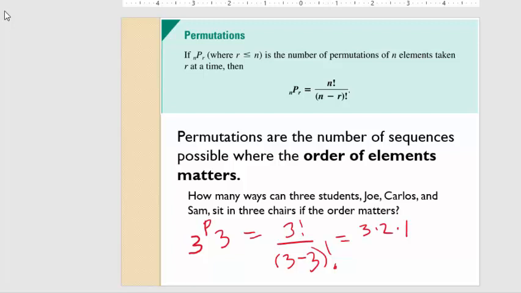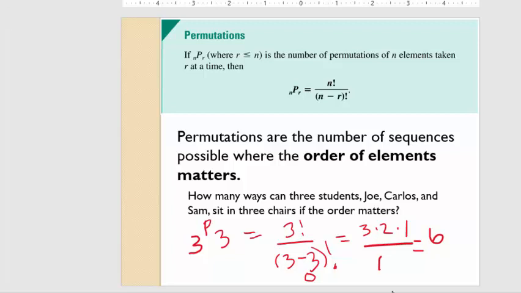The factorial just means that you're going to multiply 3 times each digit below 3, except 0. On the bottom, I have 3 minus 3, which is 0, and 0 factorial, by definition, is 1. So that needs to be memorized. So 3 times 2 times 1 is 6, and 6 divided by 1 is 6. And that means there are 6 different ways that 3 students can sit in 3 chairs.